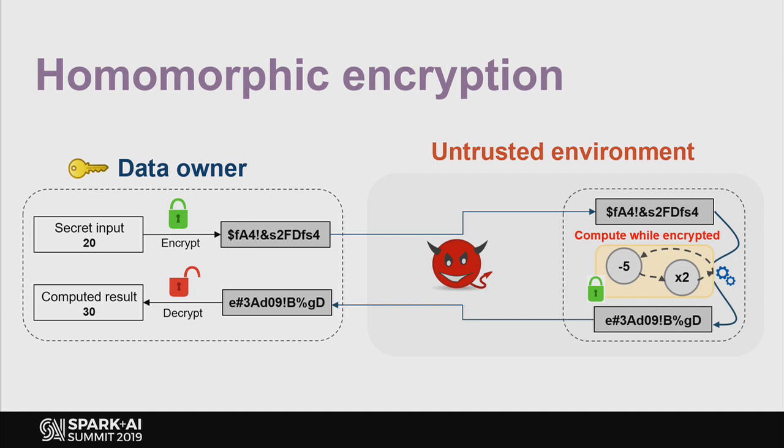On the left-hand side, you can see the encryption results in this nonsensical string, which is then sent to an untrusted environment, and there you can process this encrypted data. For example, here we run it through 2 computations, times 2 and minus 5, and out comes another nonsensical piece of data. But once we send it back to the client who has the secret key, the data owner, they can remove that encryption and they can get the result.